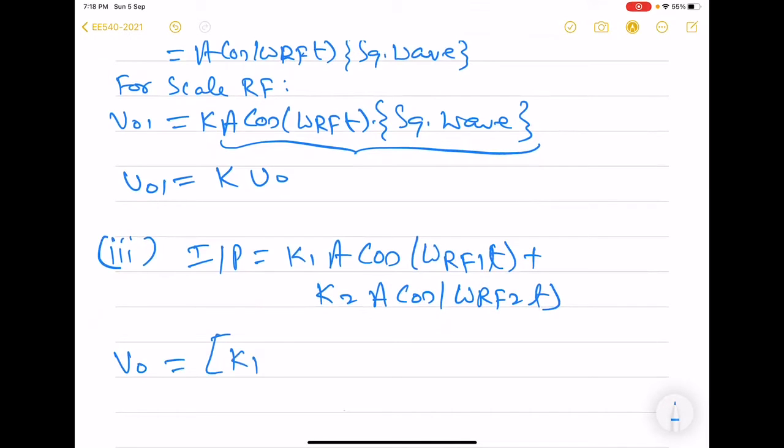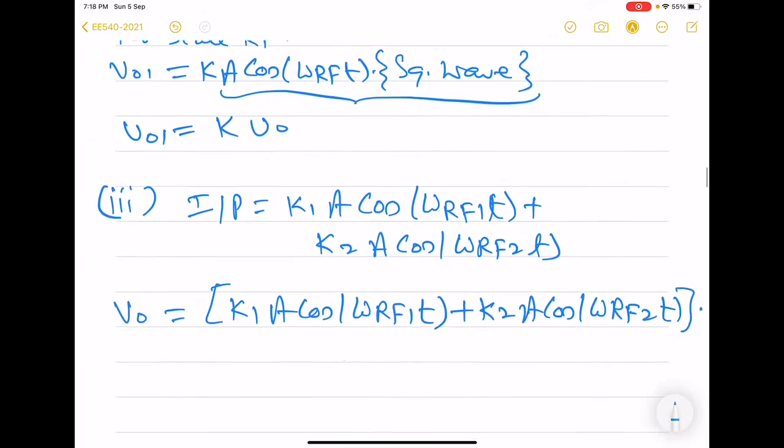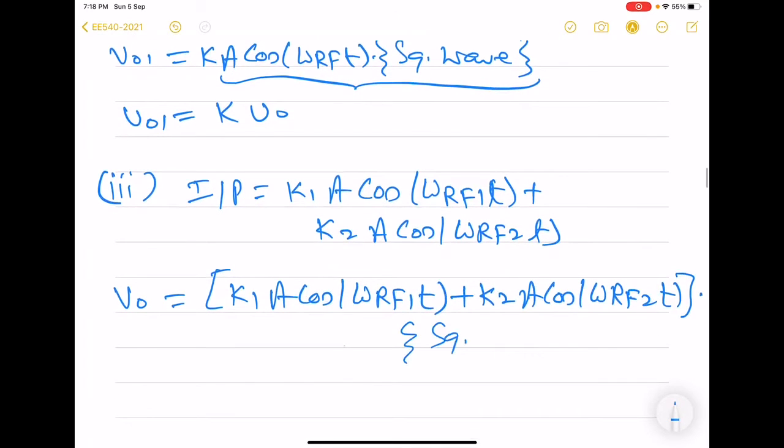That means K1 into A cos omega RF1 T plus K2 A cos omega RF2 T into square wave.